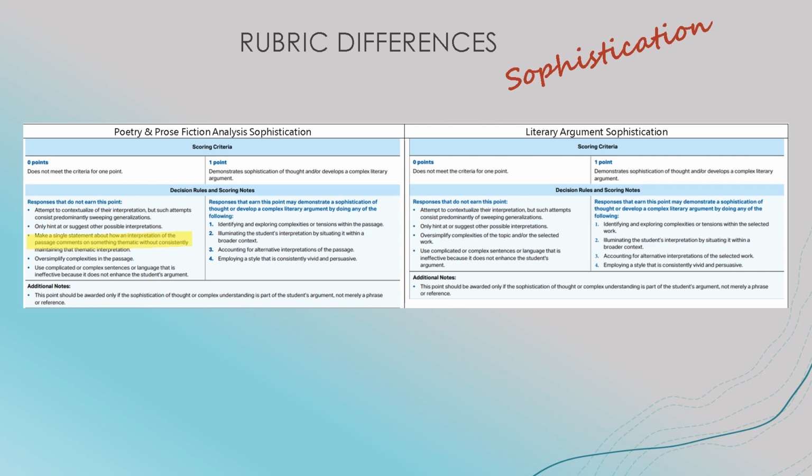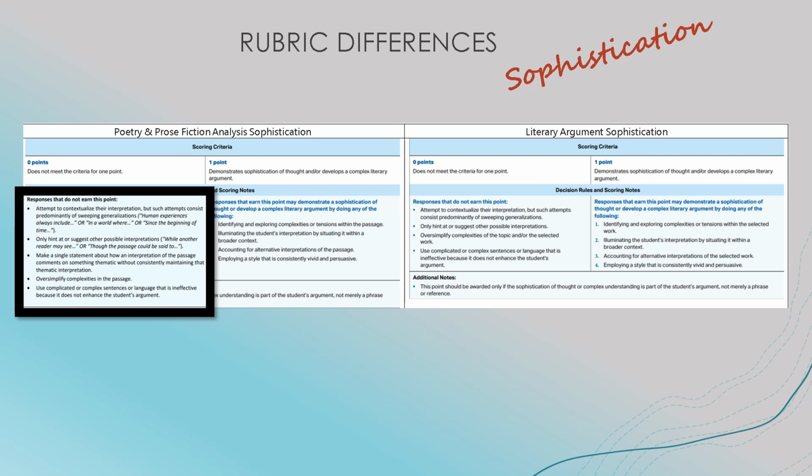Okay, now I'll start going through the bulleted parts of the sophistication. Since sophistication is very hard to explain just with the words in the rubric you see in front, I am going to focus on the parts of the rubric that go over how not to achieve the sophistication point.